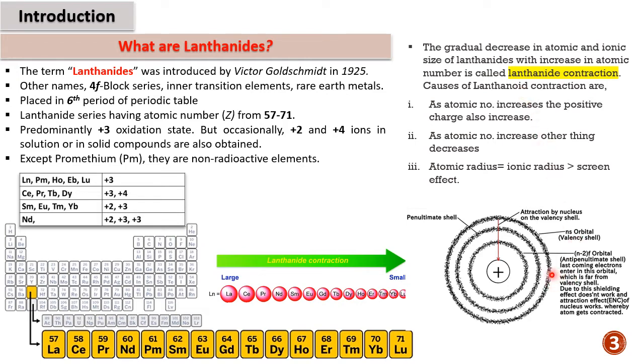The last coming electron enters the 4f orbital, which is very far away from the valence shell, and due to this the shielding effect does not work well, and the attraction of the nucleus takes over, whereby the atom gets contracted. If you see here, with an increase in the atomic number, the size of the lanthanide metals decreases.